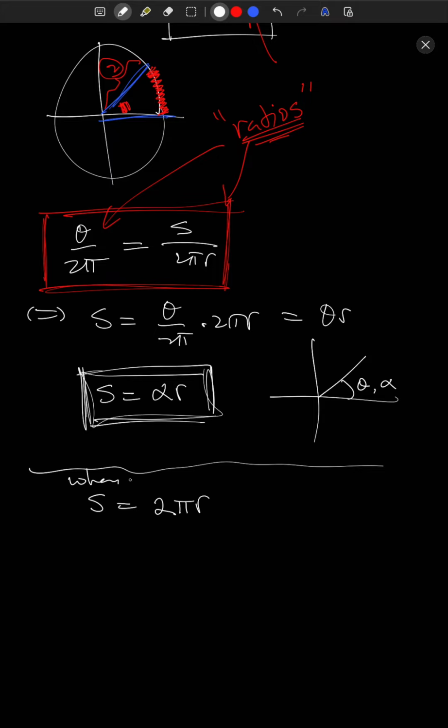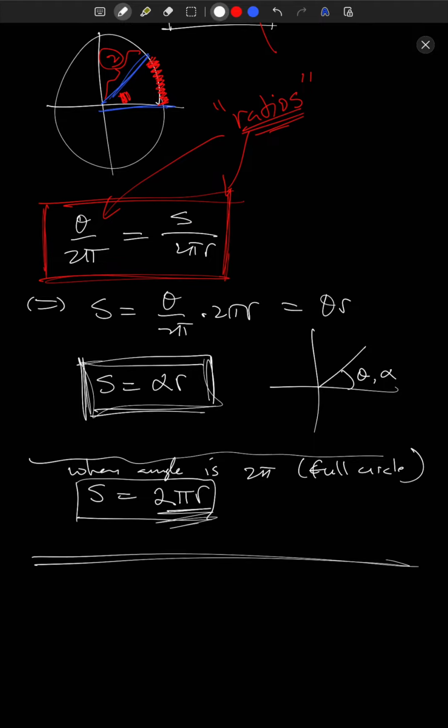So when the angle is 2 pi, a full circle, our formula tells us S should be 2 pi r. And that's correct. That's exactly the circumference of a full circle. So this is just a quick check to see if our formula makes sense intuitively.